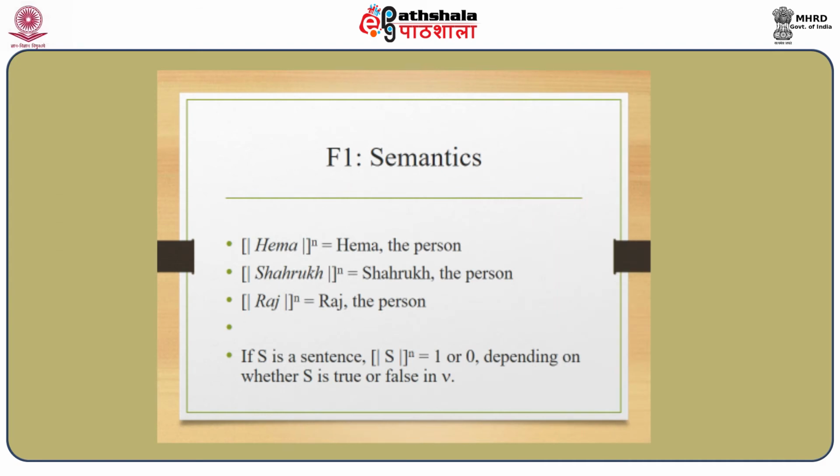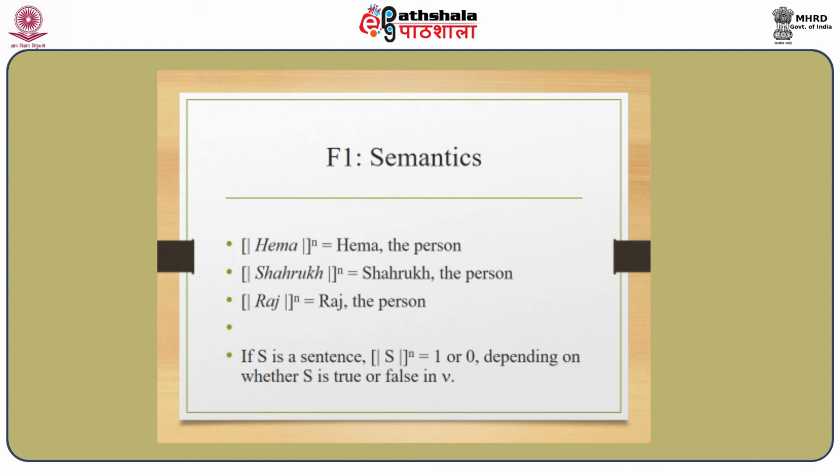With this basic syntax of F1 in mind, let us see how the semantics would proceed. Now we describe the semantics of this fragment of English, F1. We have seen that semantics of proper nouns can be taken to be things that they refer to. In our fragment F1, these are the proper names Hema, Shahrukh, and Raj.